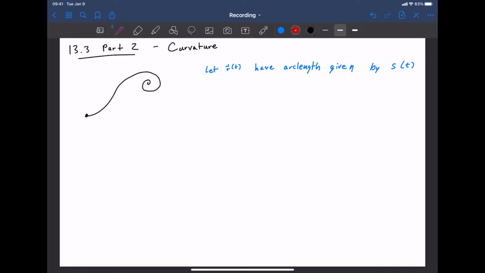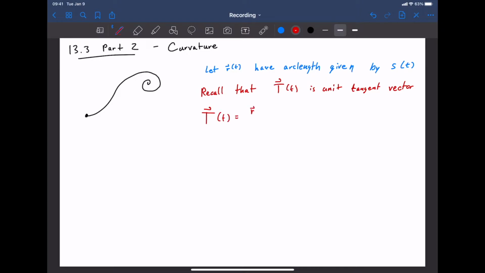We want to recall that T of t is the unit tangent vector. And so the formula we had was something like this.